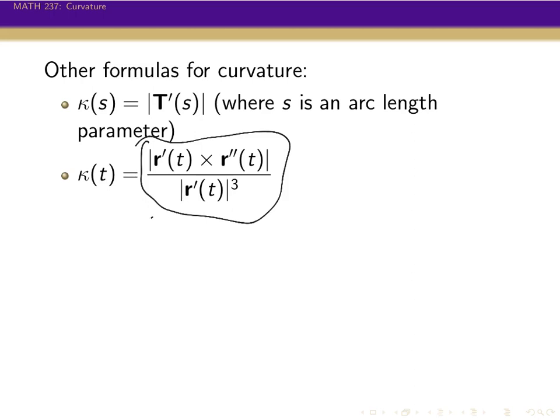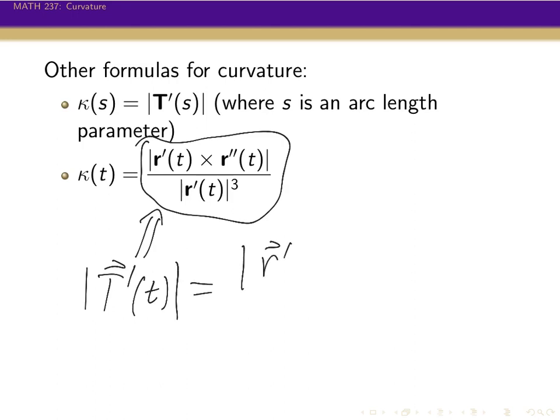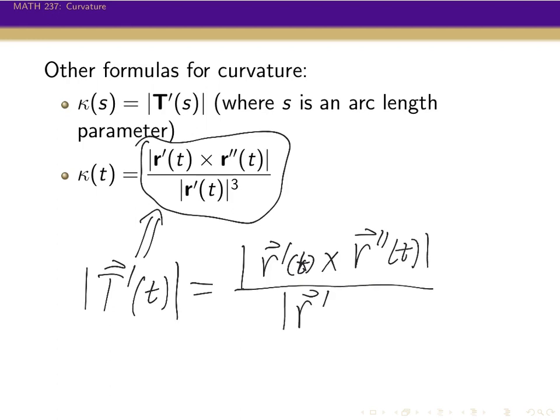And so really the secret behind this one is what you need to show is that the magnitude of the derivative of t prime is equal to the magnitude of r prime of t cross the second derivative, over the speed squared.